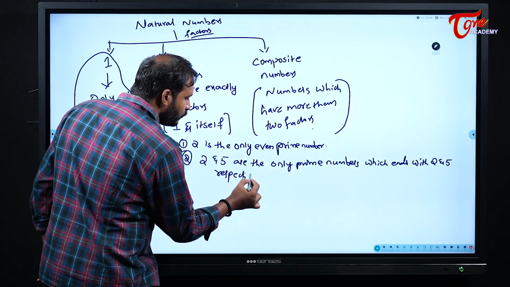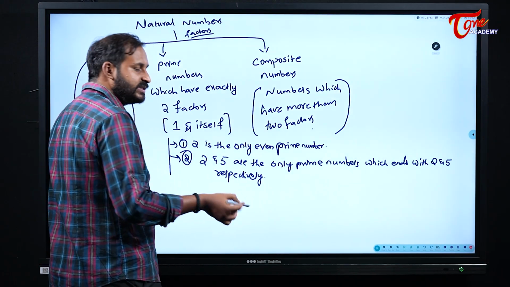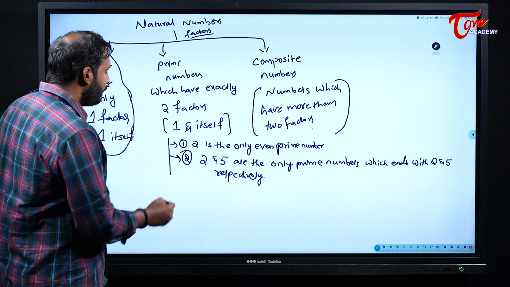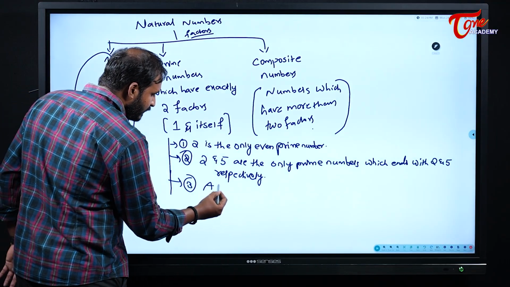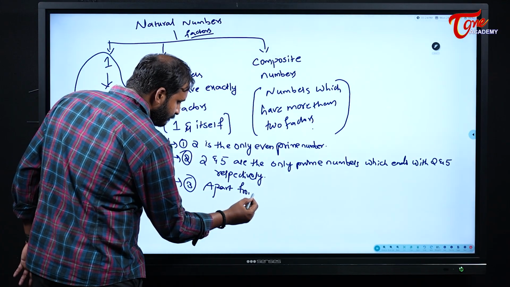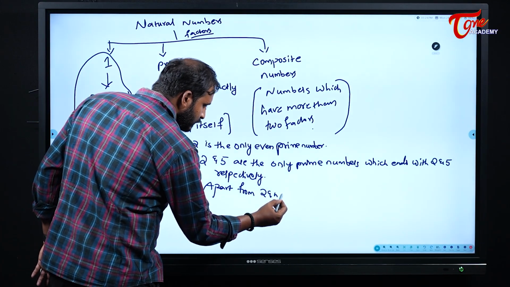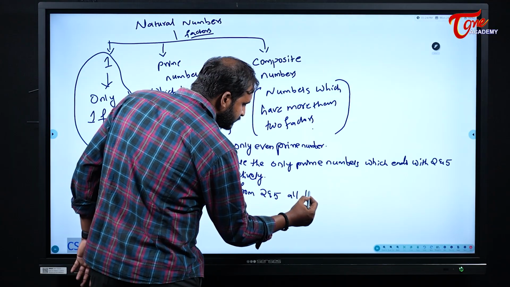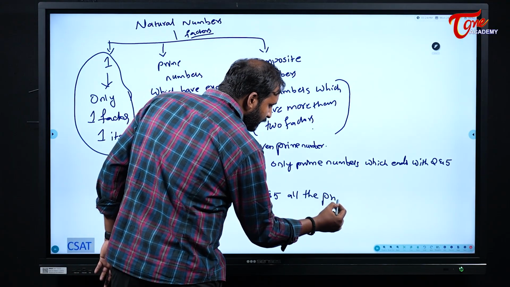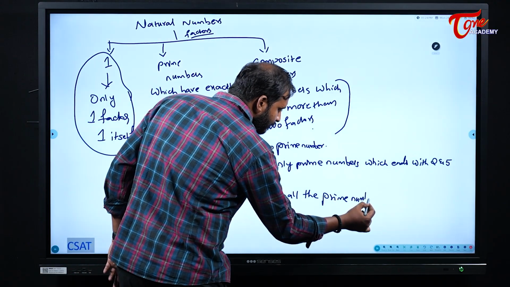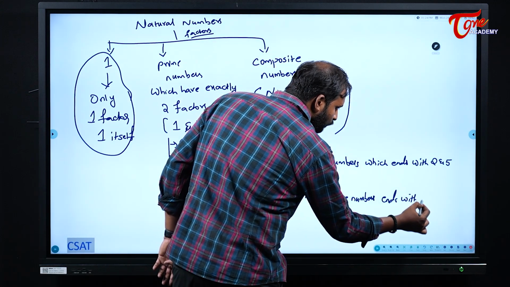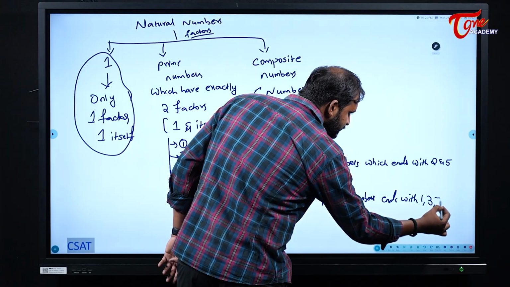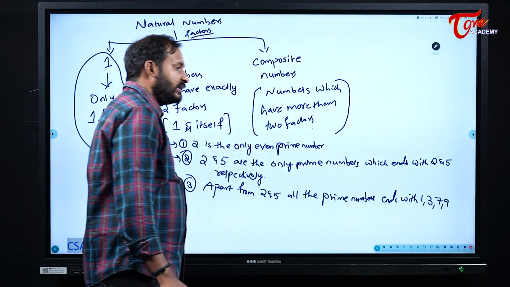Apart from 2 and 5, all the prime numbers end with 1, 3, 7 or 9.